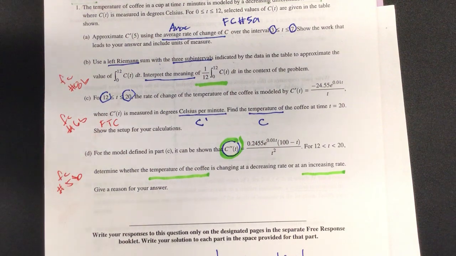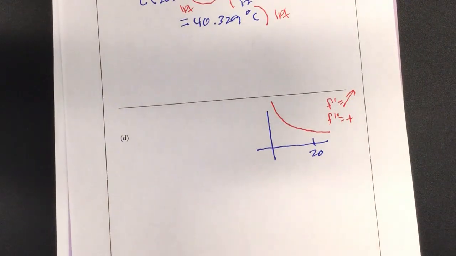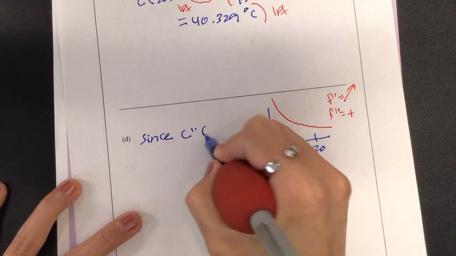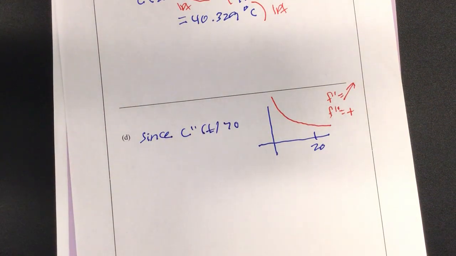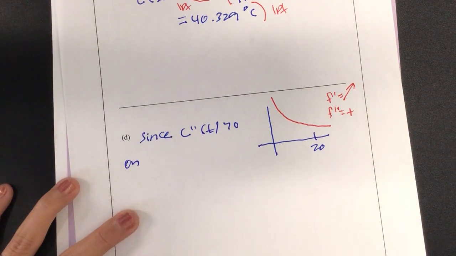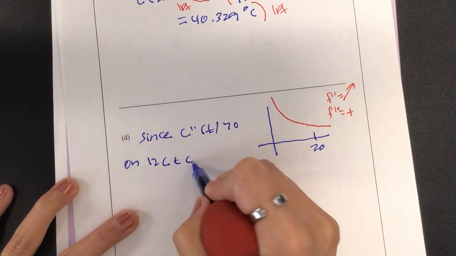So here I go. And if you're a great writer and you have a fancier way to write it, go for it. I'm not the best writer, so here I go. I'm going to say since C double prime of t is greater than 0, you could say positive, they mean the same thing. You have to always mention the interval. The interval that they gave us is from 12 to what? 12 to 20.